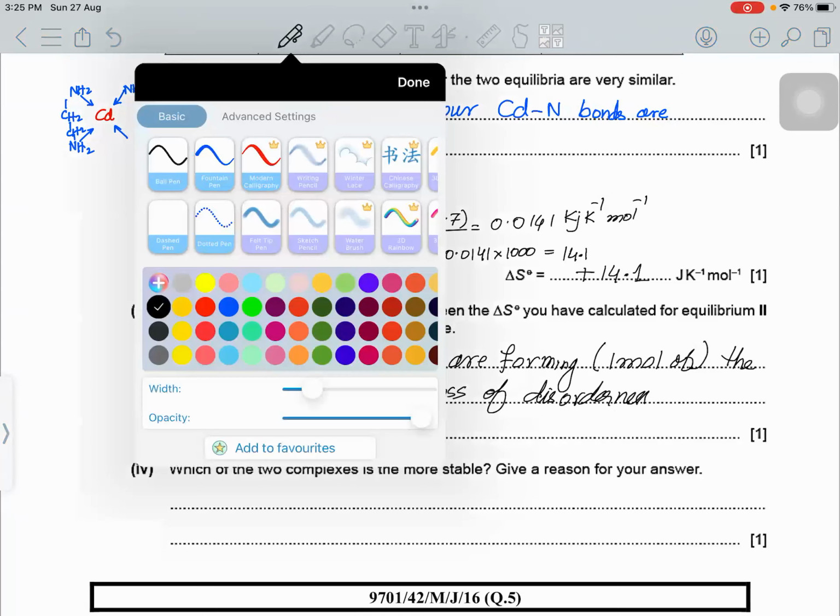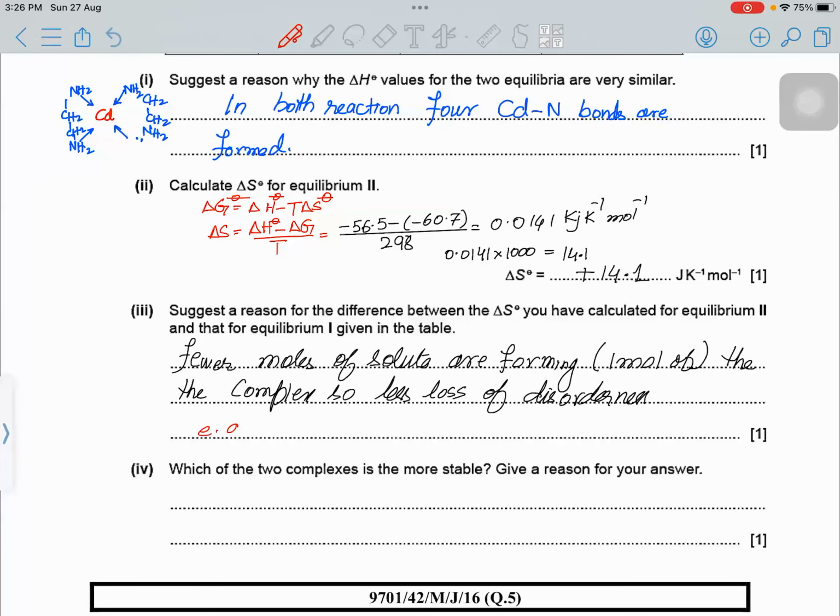For example, in equilibrium 1, delta S is -66.8. In equilibrium 2, delta S is plus 14.1. Fewer moles of solute are forming the complex, so less disorderness.